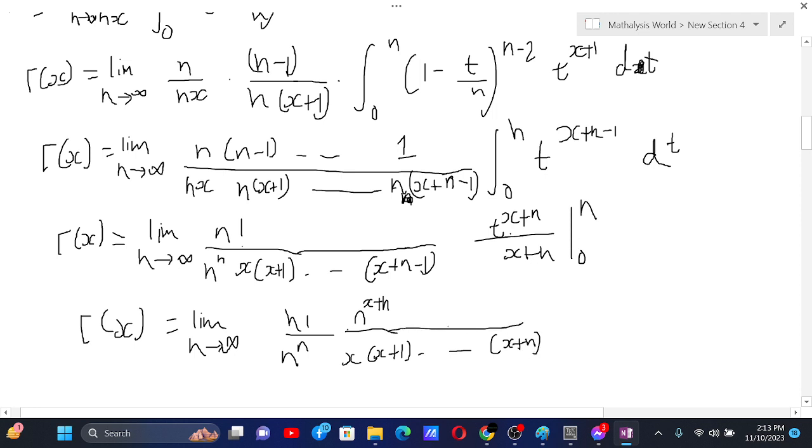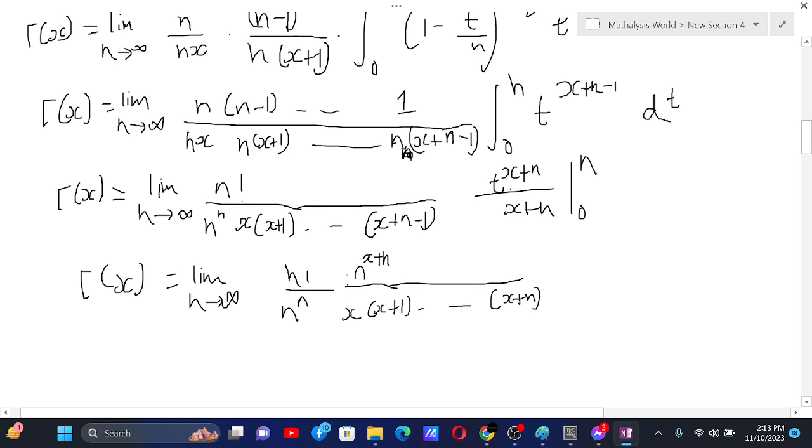And now we can just cancel these out, and we get this as the limit n tends to infinity of n factorial n to the power x by x plus 1 up to x plus n.